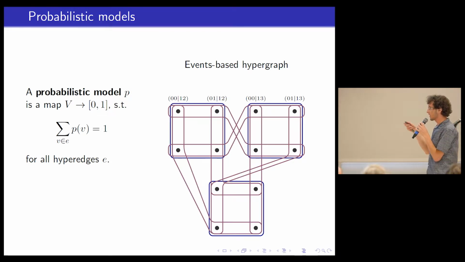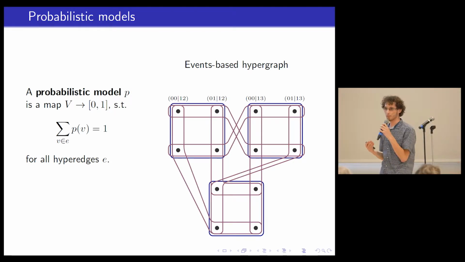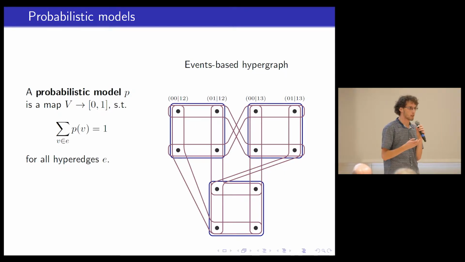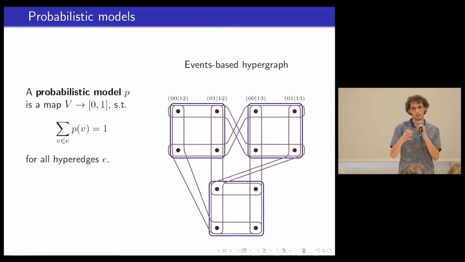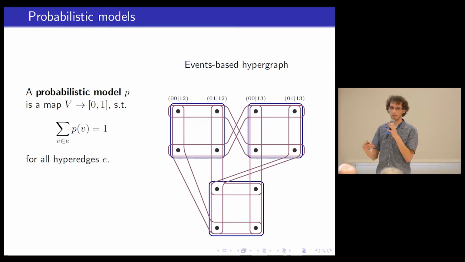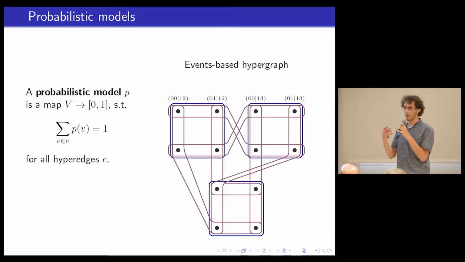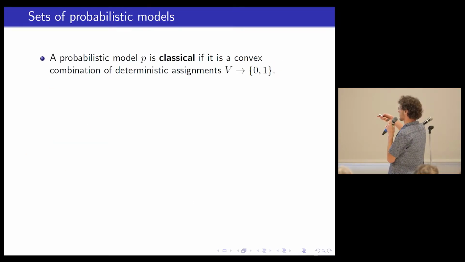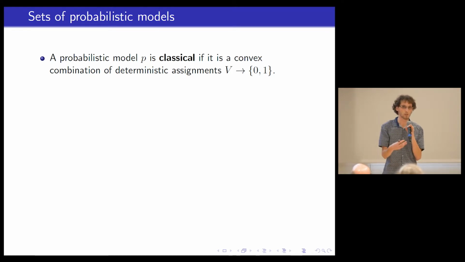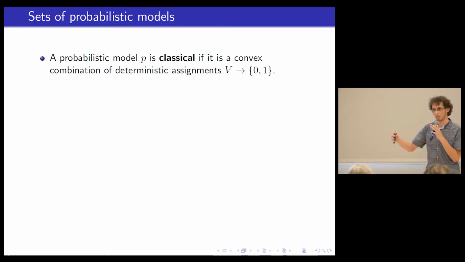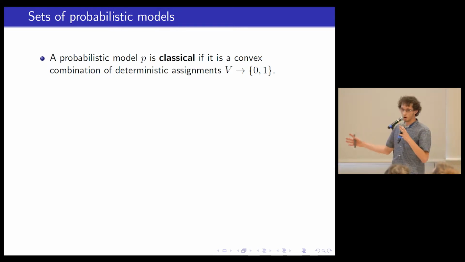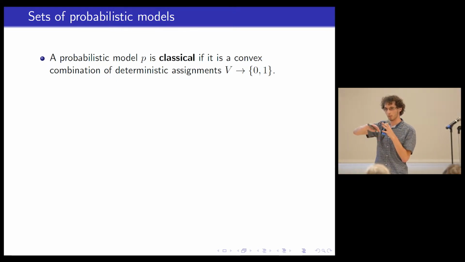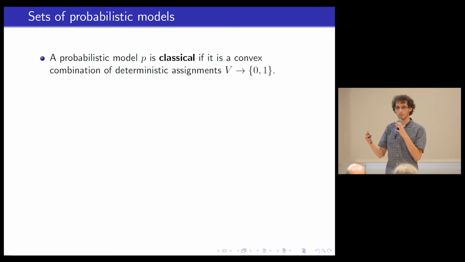And now, we can use these probabilistic models to study how different theories can differ, or maybe how making certain assumptions or imposing certain principles affects the statistical content of a theory. So let's do so. In order to compare these theories, we will make a certain coarse graining. We will not use all the information, but we will somehow collect all the allowed probabilistic models for a given theory.